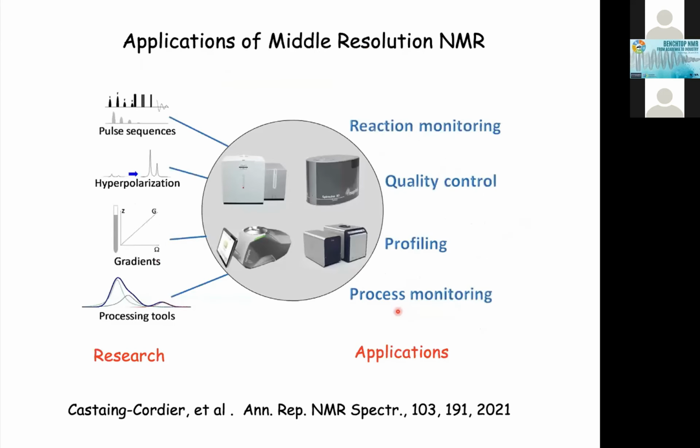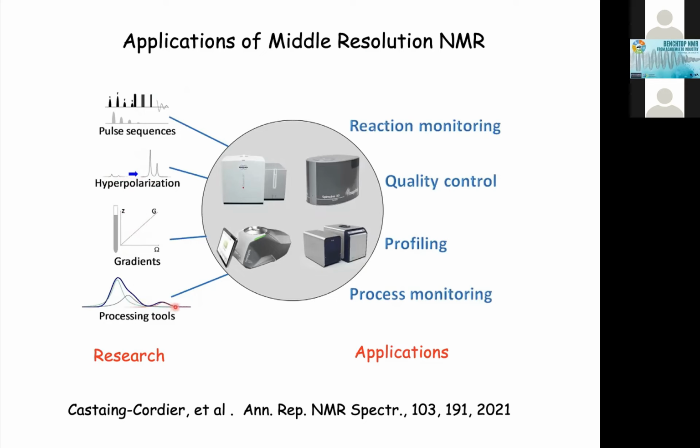And some applications for middle resolution, as before, have been introduced in maybe less than 10 years. There is still a lot of research on new pulse sequences and methods to enhance resolution and sensitivity, like hyperpolarization. You have to add gradients to improve it, and also processing tools.